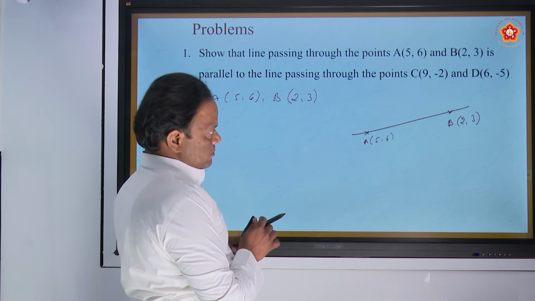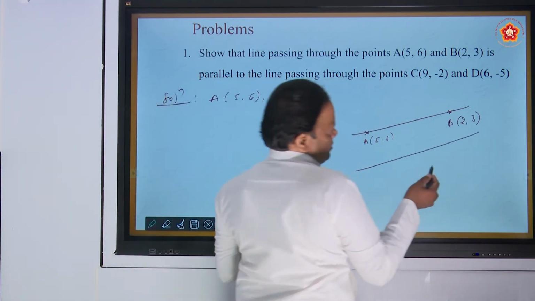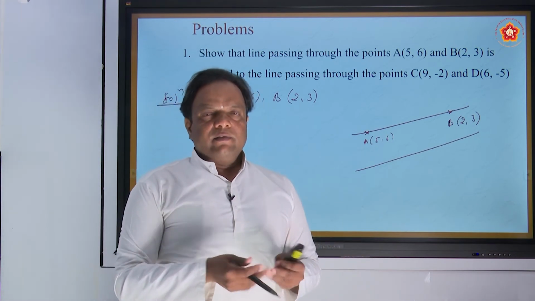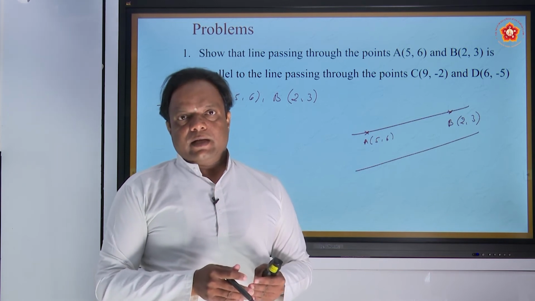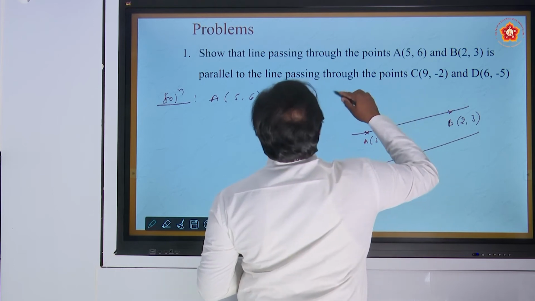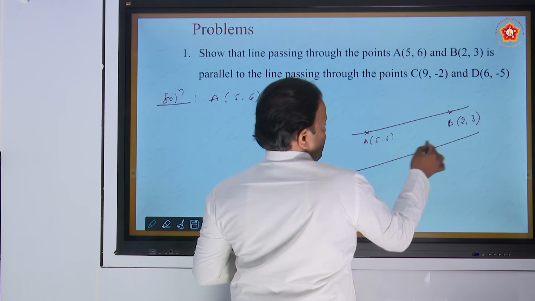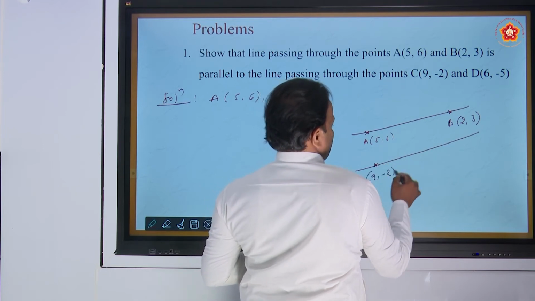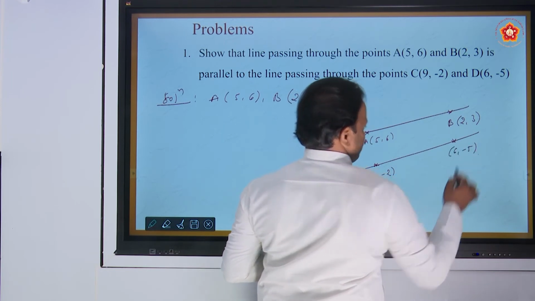This line is parallel to another line. No need to draw the x-axis, y-axis and all the things. Just draw the figure. Even if you don't draw the figure, no problem, but you have to understand. Another line is parallel to the line passing through the points C (9, -2) and D (6, -5).